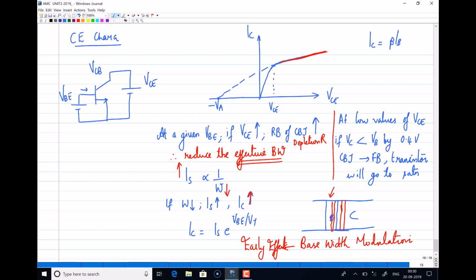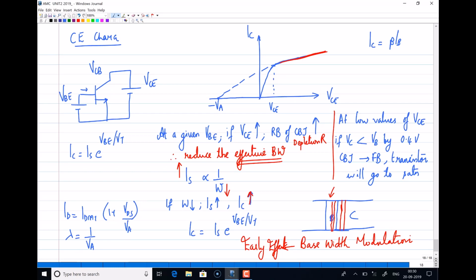Now to account for this, generally we write IC as IS into e to the power of VBE by VT. Now if you remember, in MOSFET we wrote ID as ID sat into 1 plus lambda into VDS, where this lambda is 1 by VA, or I can write this as VDS by VA.